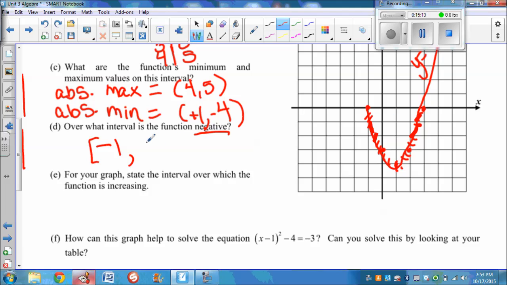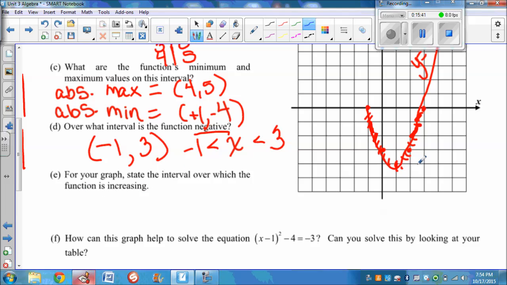Whoops, no brackets, we've got to use parentheses, because it starts here at 0, and 0 is neither negative nor positive. So we have to indicate that with a parenthesis. Negative 1 to 3. If we choose to put it in inequality notation, it's negative 1 is less than x, which is less than 3. No equal to.